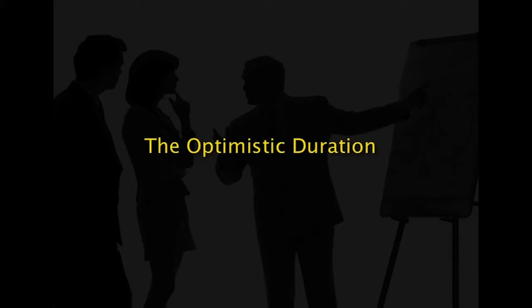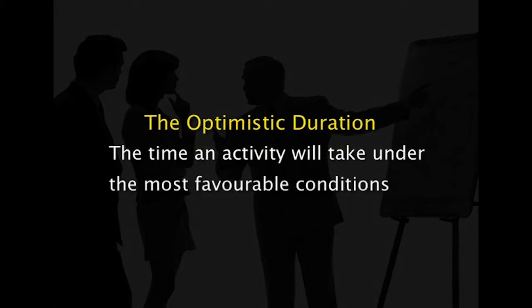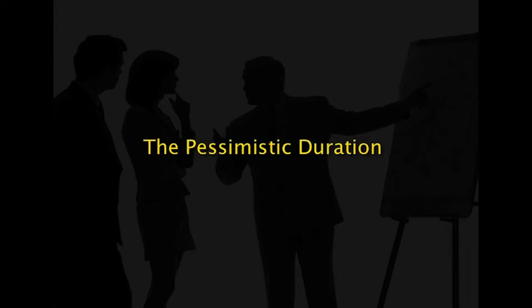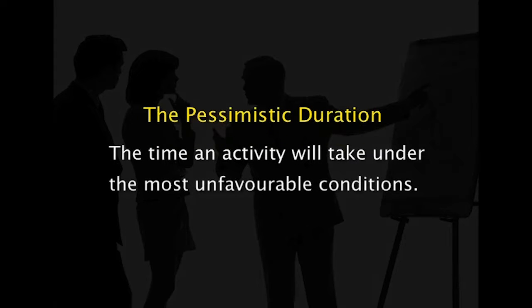It involves 3 types of time estimates for each activity. First, the optimistic duration, which is the time an activity will take under the most favorable conditions. Second, the pessimistic duration, which is the time an activity will take under the most unfavorable conditions.